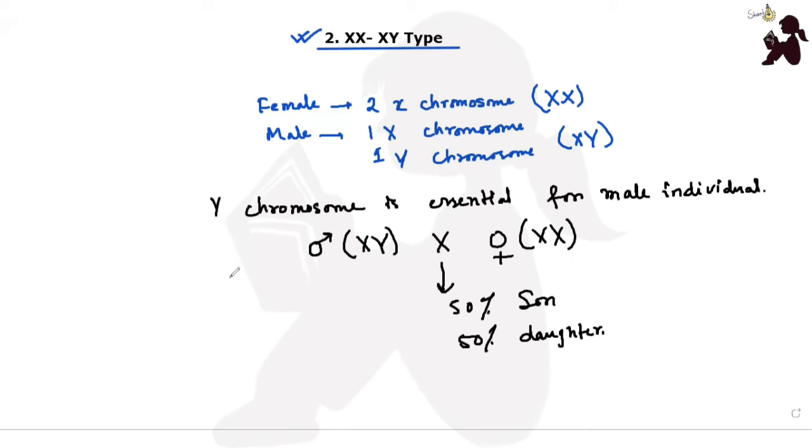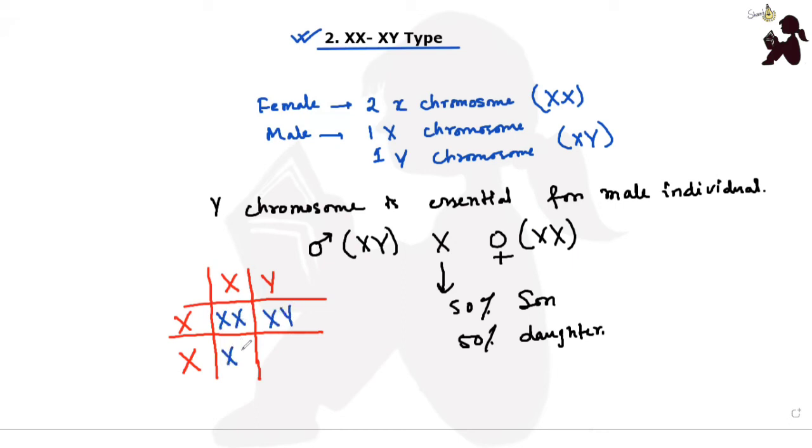So here, these are the gametes produced by the father, X and Y, and here the gametes produced by the mother. The mother will produce only one type of gamete, which is X. Okay, so then this cross will form XX, then XY, again XX and XY.